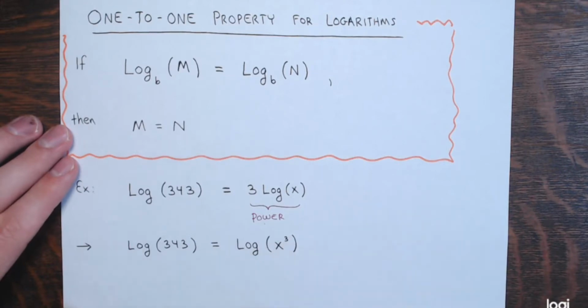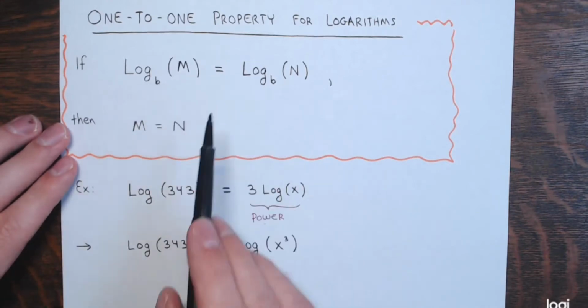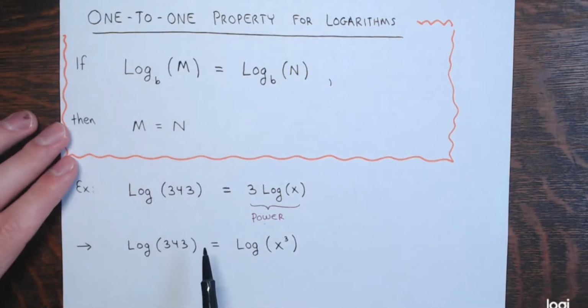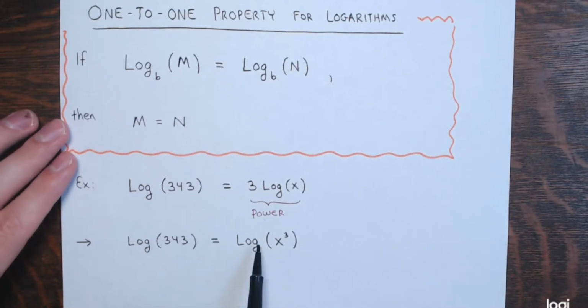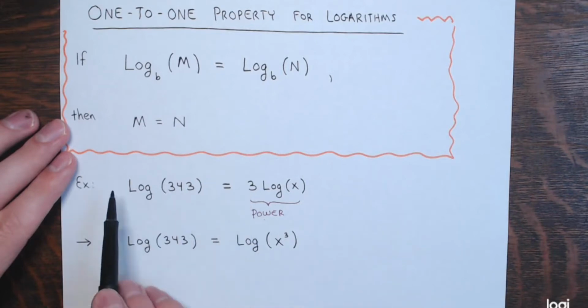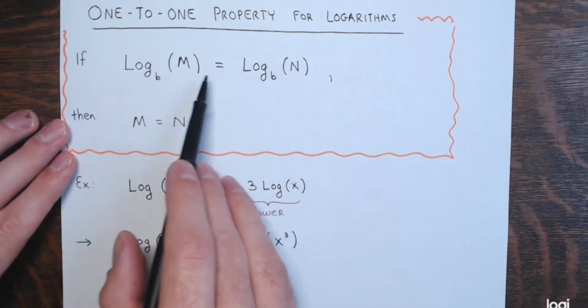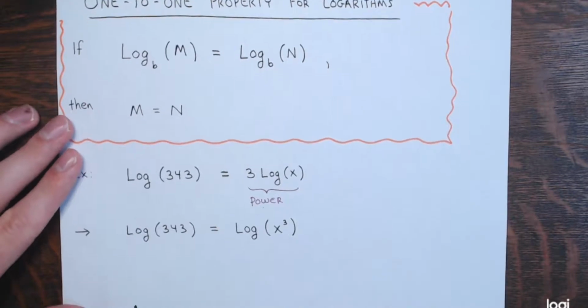Now I have the equation the way I want it if I want to apply this one-to-one property. Both sides are a single logarithm with the same base, and there's no log times 3 or log times 5 or anything like that. Just like I have up top there in the property.